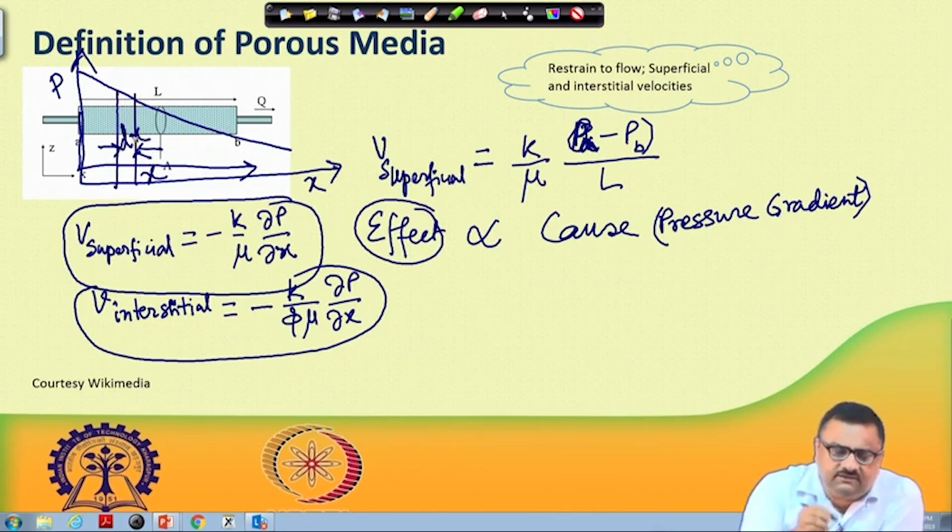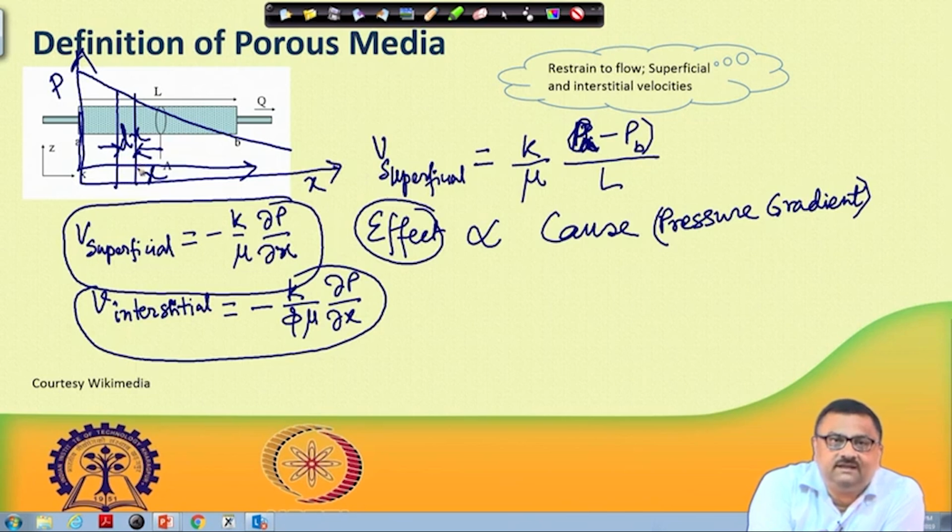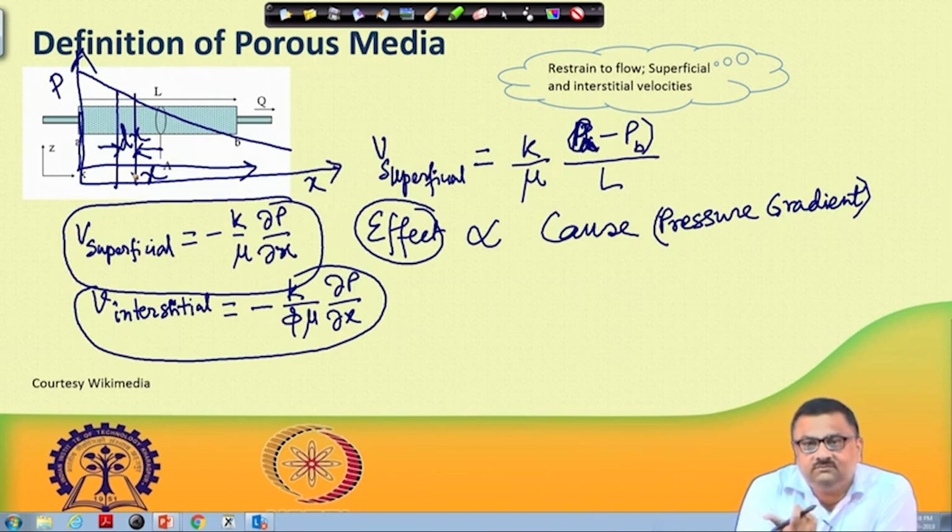This dx differential length has to be large enough so that we do not get into the trap of the sampling volume below that threshold volume for definition of porosity.